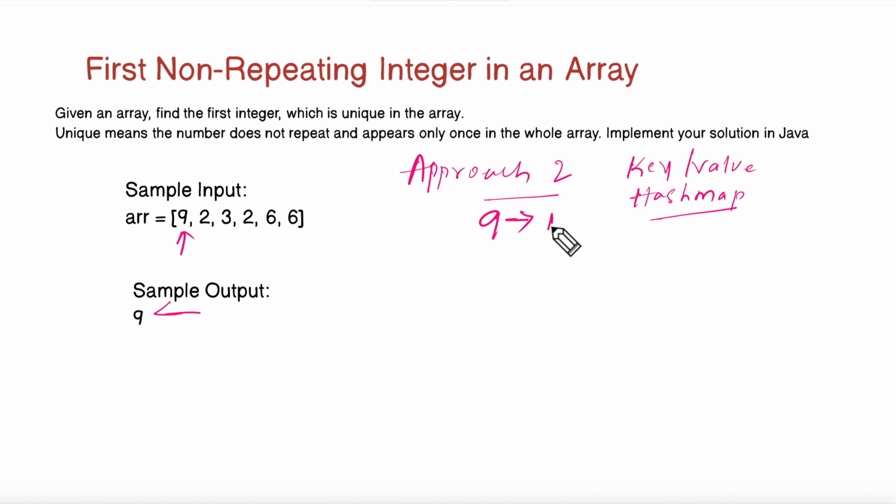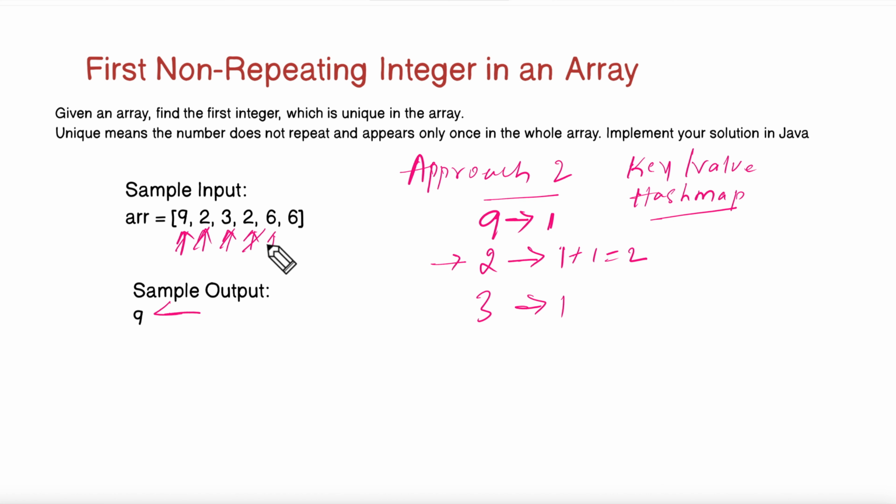In the first case, it will be one occurrence, and it will move to the second element, and it will create a new key and an occurrence. And when it moves to the third element, it will create a new key and an occurrence. And when it moves to the next element, it's already visited, I mean the key is already created, so that's the reason it will increment the occurrence, which is 1 plus 1 equals 2.